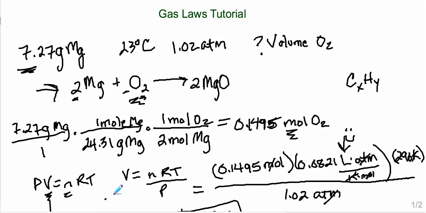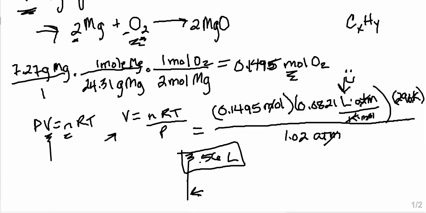Then I manipulated PV equals nRT to get volume standing alone. I plugged in all the numbers. Remember to use liters and atmospheres and Kelvin so that I'm using the appropriate R. And then I solved that. That's the map that I used to solve that problem using stoichiometry and gas laws.